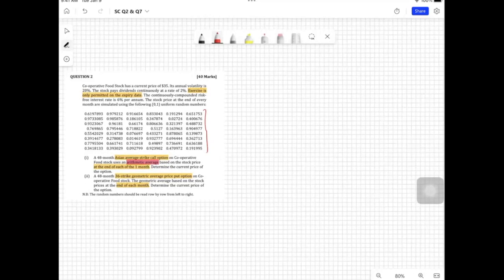So basically, what we'll have to do at the beginning is, we are given these random numbers, and then we have to look for these numbers on the standard normal table.